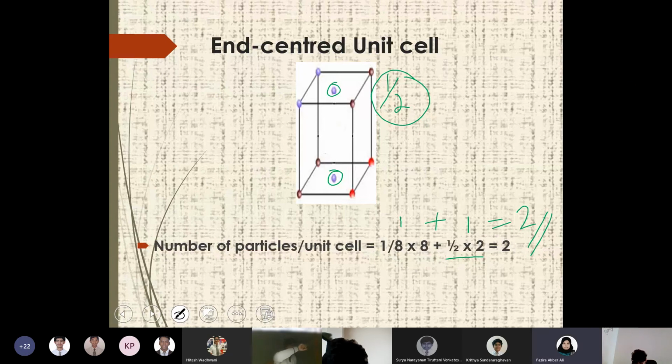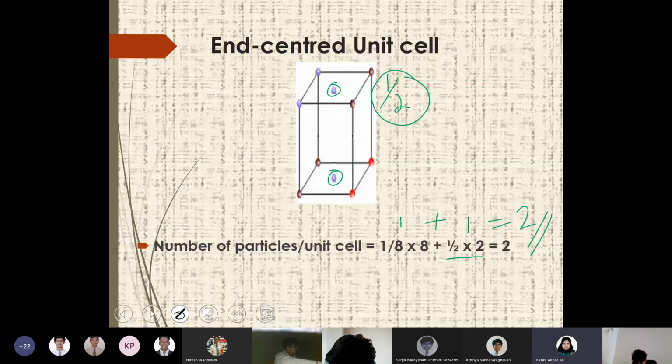So this is how we look at the different types of arrangement of particles, primitive and centered. Centered arrangement is further classified as body centered, face centered and end centered unit cell arrangement. Any doubt so far?